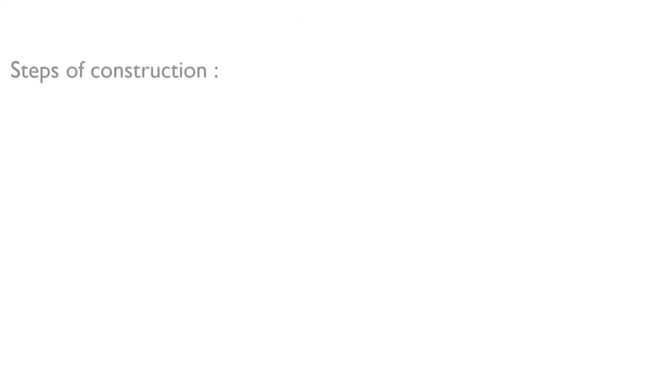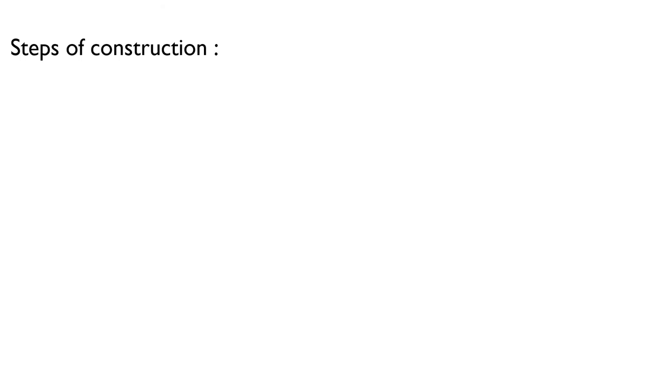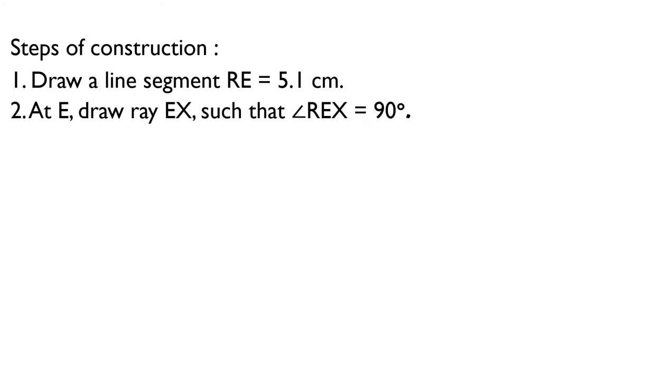Next, question number 2. Before writing question number 2, it is necessary to write the steps of construction. So let's write the steps of construction. Whatever steps we have done for the construction of the square, one by one we note them. Number 1, draw a line segment RE equal to 5.1 centimeter. Number 2, at E draw ray EX such that angle REX equal to 90 degree.